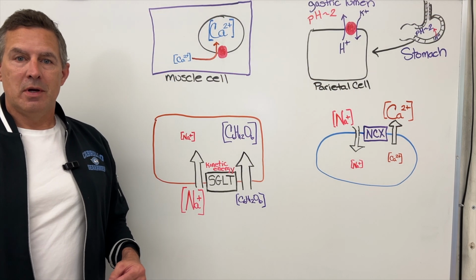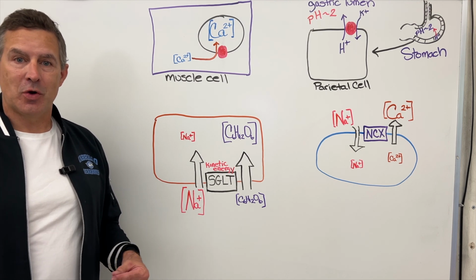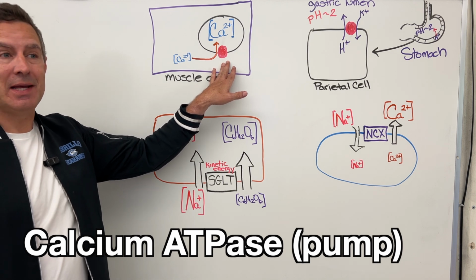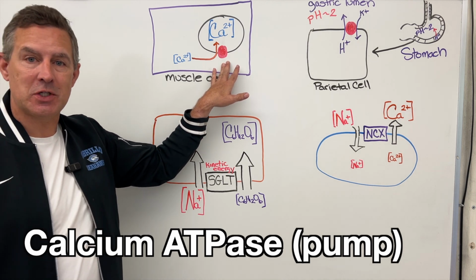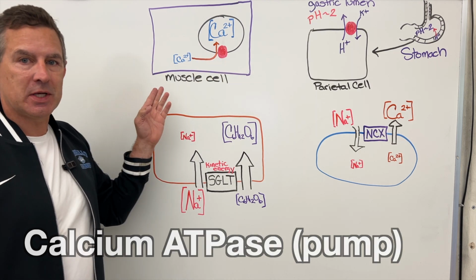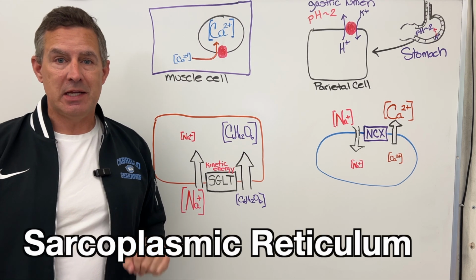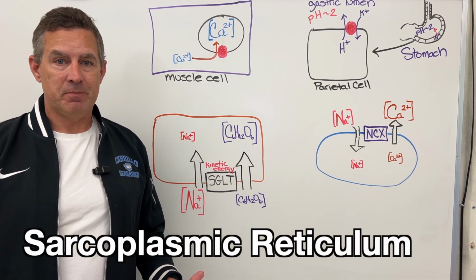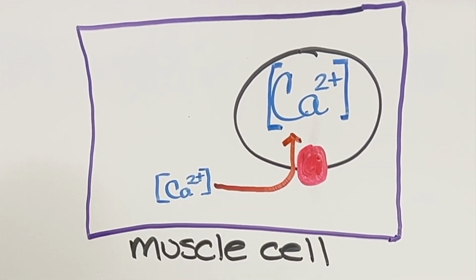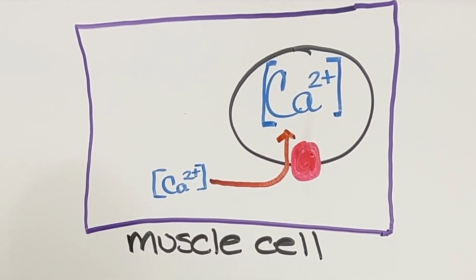Another example of a pump utilizing ATP to move things against their gradients is the calcium pump. And once again, it's also referred to as the calcium ATPase. This is representing a muscle cell. This is an organelle known as the sarcoplasmic reticulum that stores calcium. Now, this example is a little bit different because the sarcoplasmic reticulum is an organelle within the cell. It is intracellular.